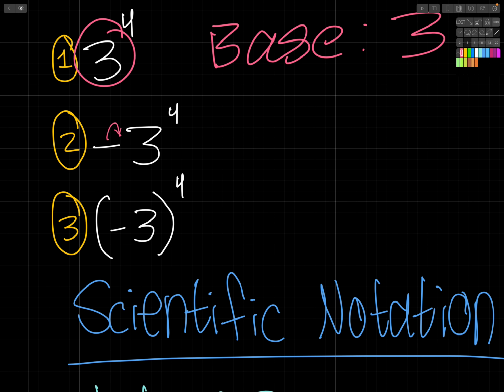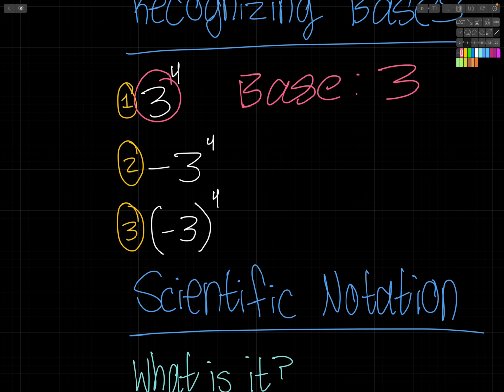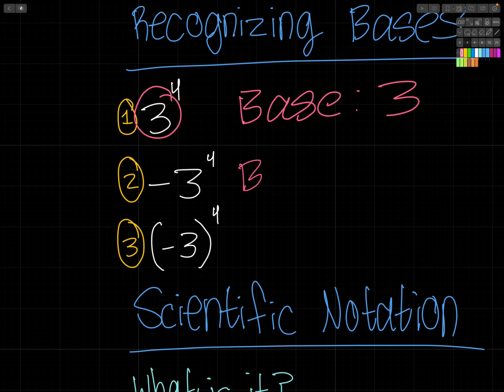The -1 isn't multiplying by 3 first. You first do exponents, because BEDMAS, you first do exponents, then multiplication. So this is not directly affecting 3, the base. So the base would still be 3.